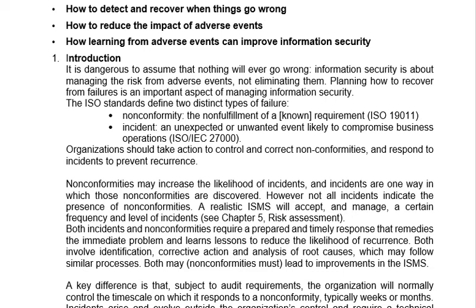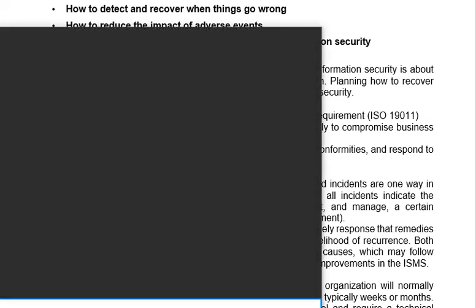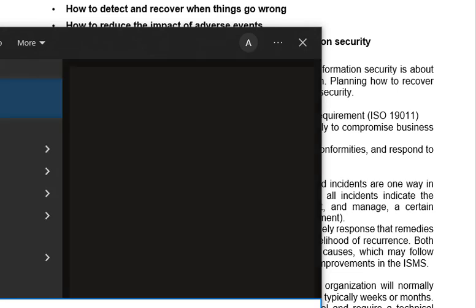If the identified non-conformity is not closed, then it would result in an incident. This is the basic definition we need to understand.